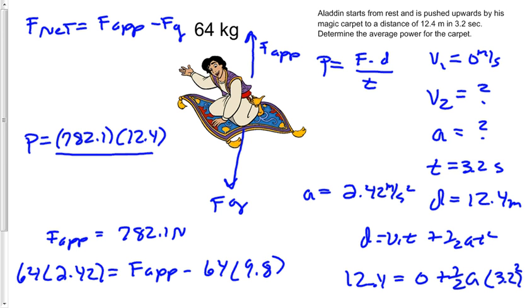And I'll divide that by my time, which is 3.2 seconds. The average power in this question then is 3,031 watts. And that's how you calculate average power with a given acceleration.